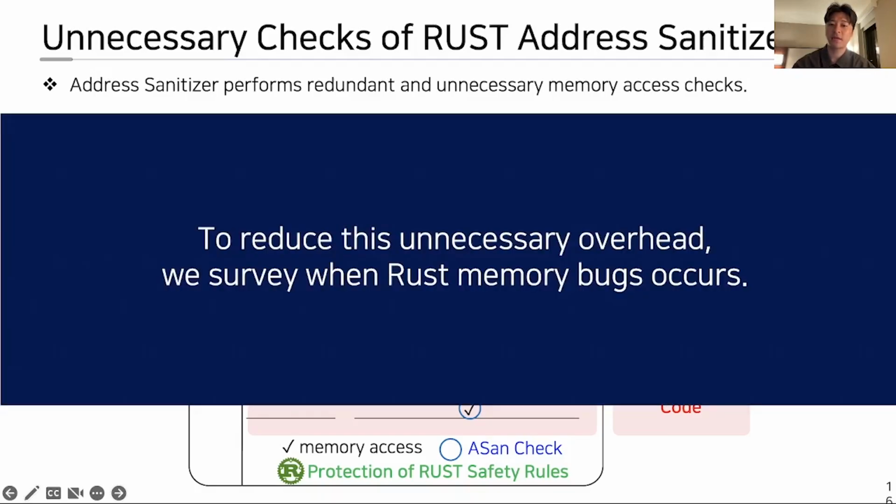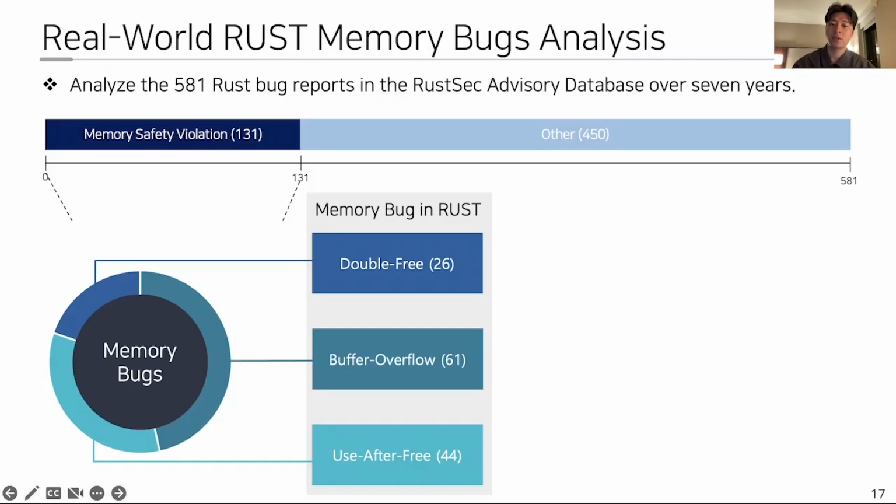So, to get an idea of how to eliminate this redundant check overhead, we first investigated Rust memory bugs over the past 7 years. Among all 581 reported bugs over the past 7 years, we analyzed 131 memory bugs, which consisted of buffer overflow, use-after-free, and double free bugs.